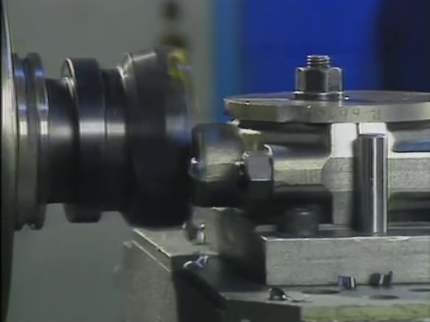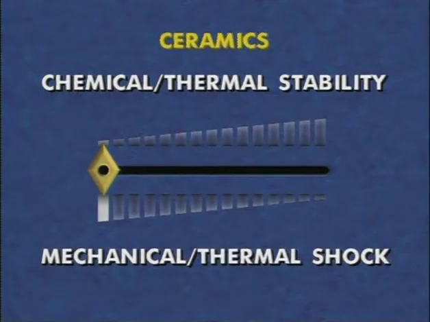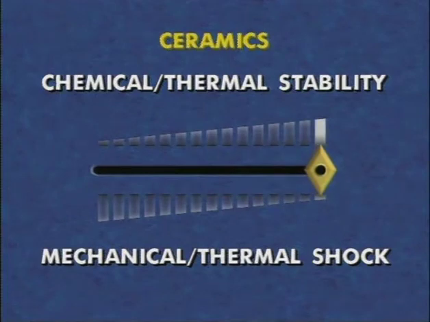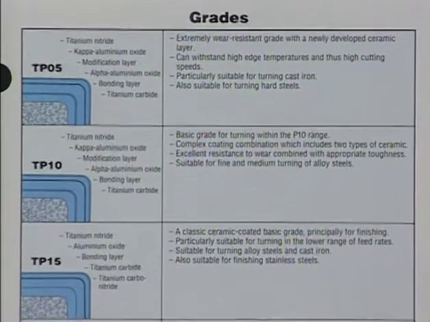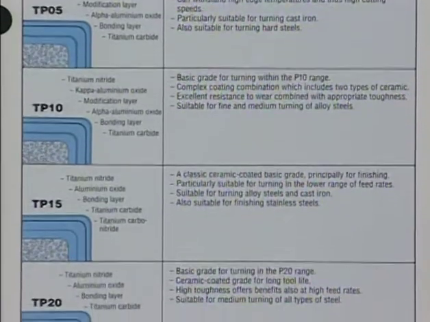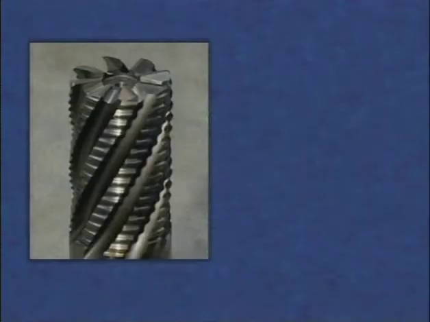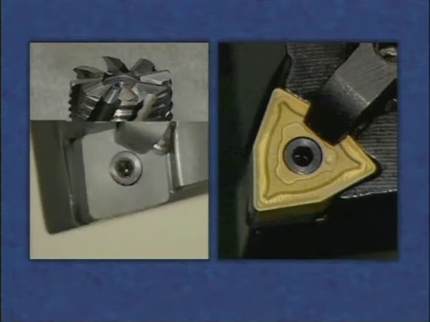Instead, trade-offs occur among the various tool materials. For example, materials with excellent chemical and thermal stability, such as ceramics, tend to be brittle, with limited resistance to mechanical and thermal shock. These variable properties take place both within a material class, such as different grades of carbide, as well as when comparing different classes of tool materials, such as high-speed steel and carbide or carbide and ceramics.